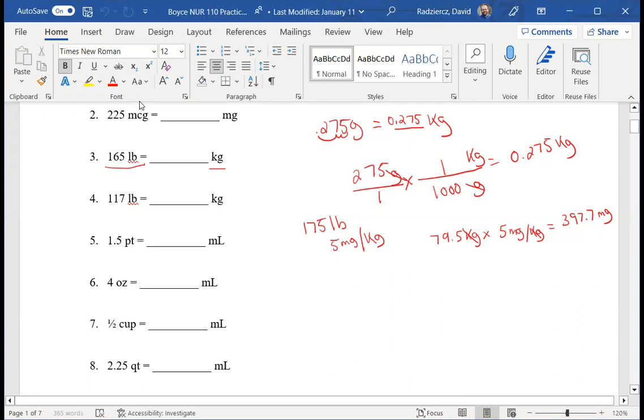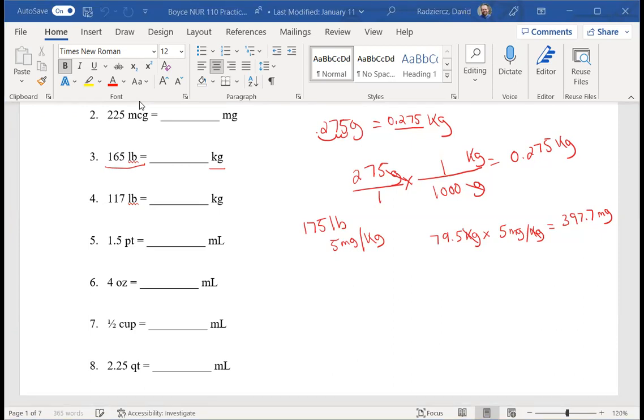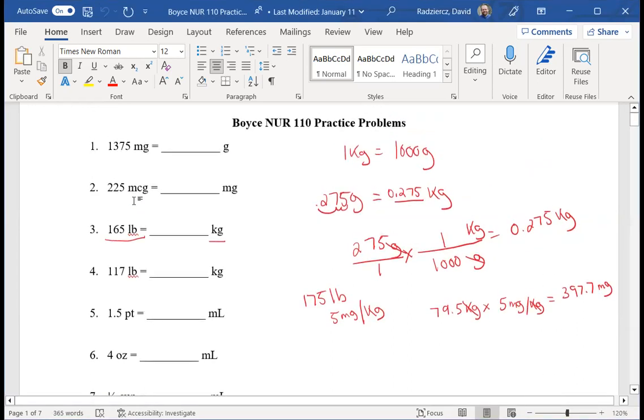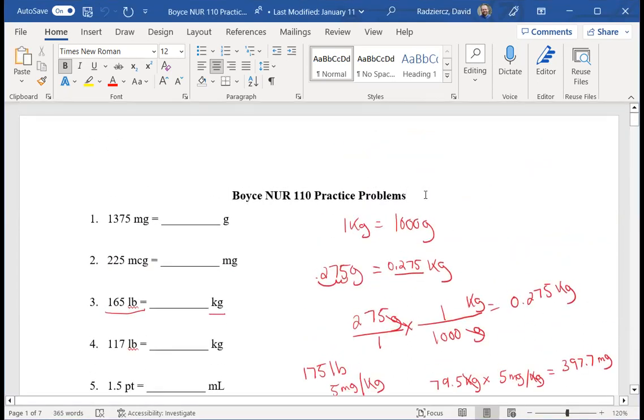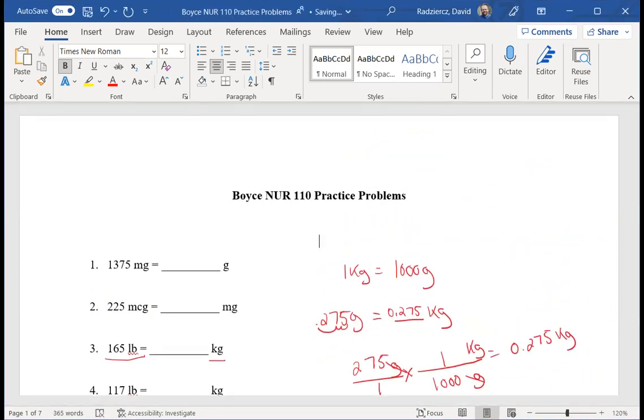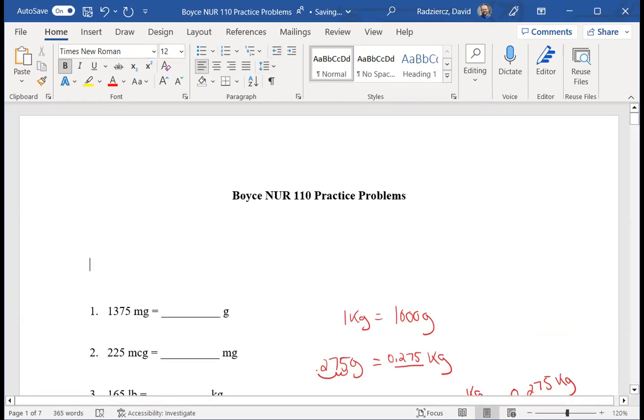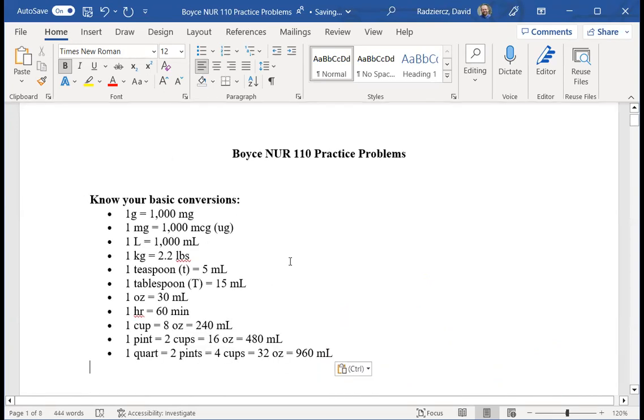I'm just pulling up some conversion factors that you need to know, that way I have them written up there.